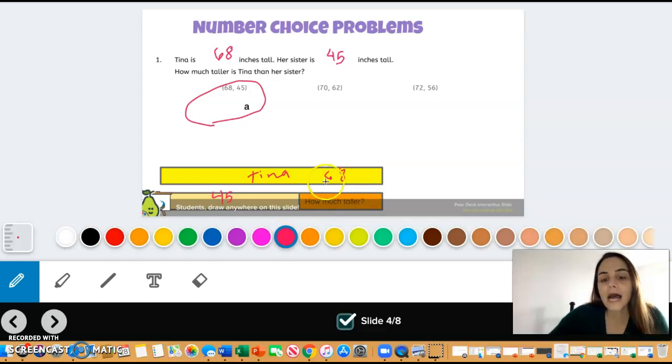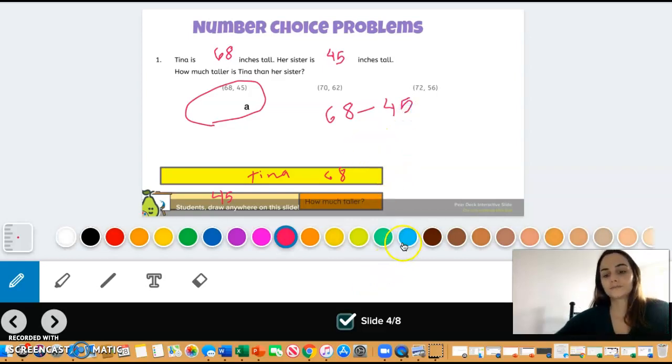And I need to look how much taller is Tina from her sister. So I need to look for this difference. I need to look for this small orange square. So when you're looking for a difference, you need to use a subtraction equation. So it will be 68 minus 45.